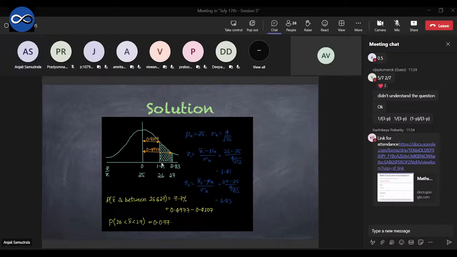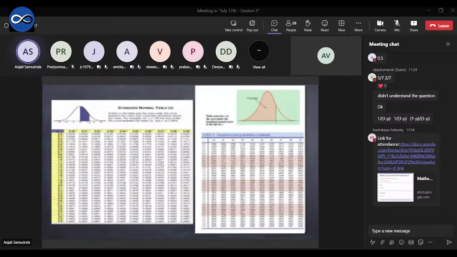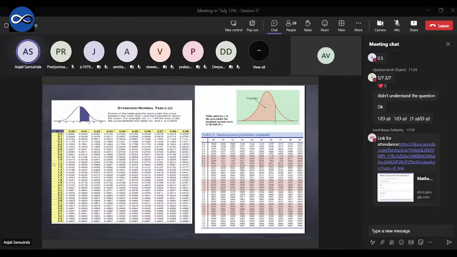Now we will find for 2.83. 2.8 is here and you have to go till here because 0.03 is in this column, and in this row you have to choose 2.8. So it is 0.4977.